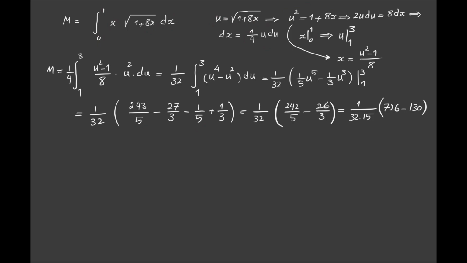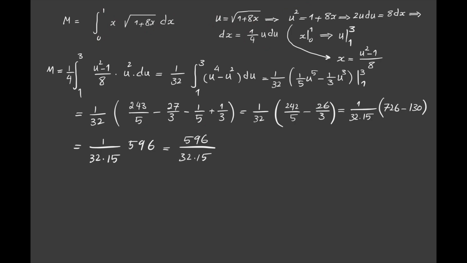So if I factor a 1 over 15 out, then 3 will be multiplied here, and 5 will be multiplied here. And then if I subtract them, it becomes 1 over 32 multiplied by 15, and that number is 6 and 9 and 5. So the answer is 596 over 32 times 15.